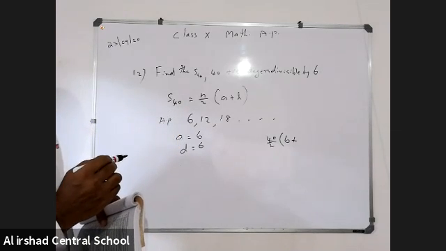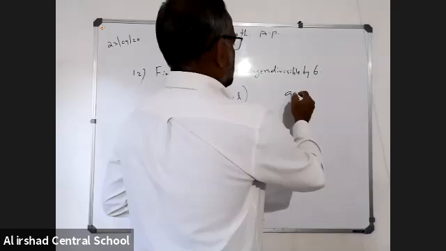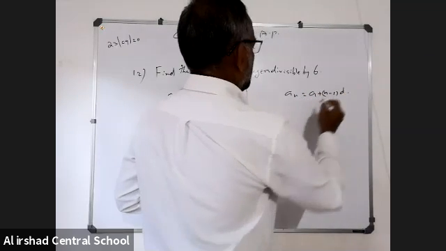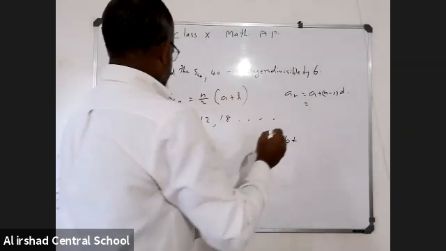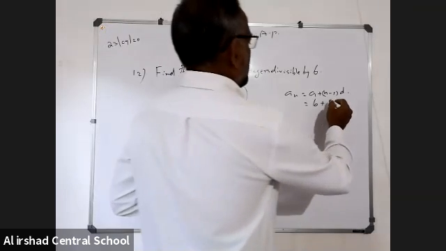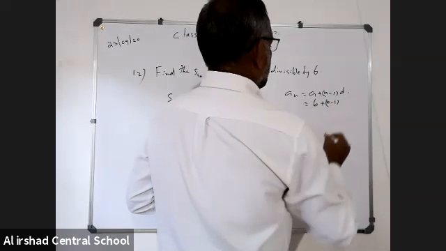An is equal to A plus N minus 1 into D. That means A is 6, and we don't know N minus 1.